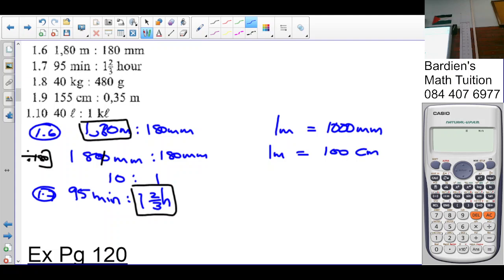How many minutes is 1 hour? 60. 2/3 of 60 is what? 3 goes into 60 20 times. 20 times 2 is 40. Plus 60.